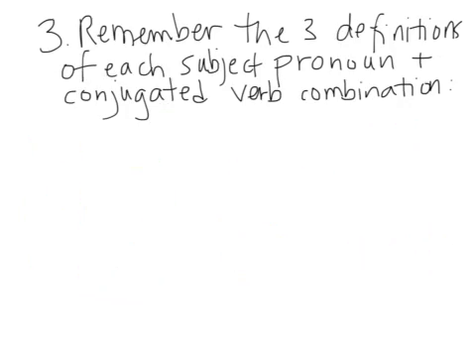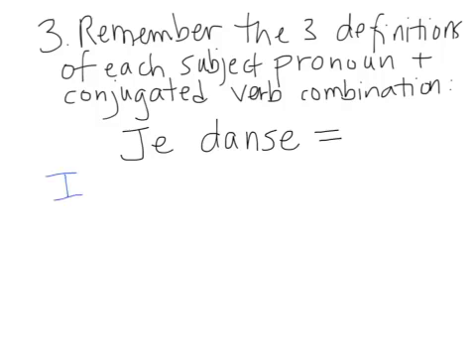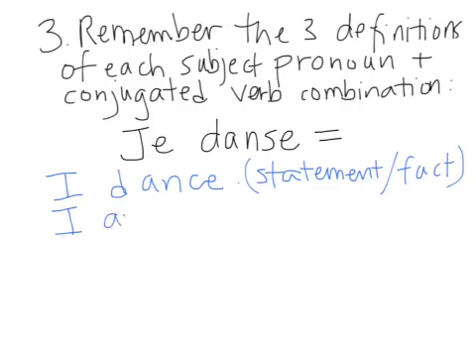Lastly, number three. Remember the three definitions that I gave you of each subject pronoun and conjugated verb combination. For example, je danse. The three definitions are I dance, which looks exactly like what it is, a statement or a fact. Second definition, I am dancing, which is what I'm doing now.